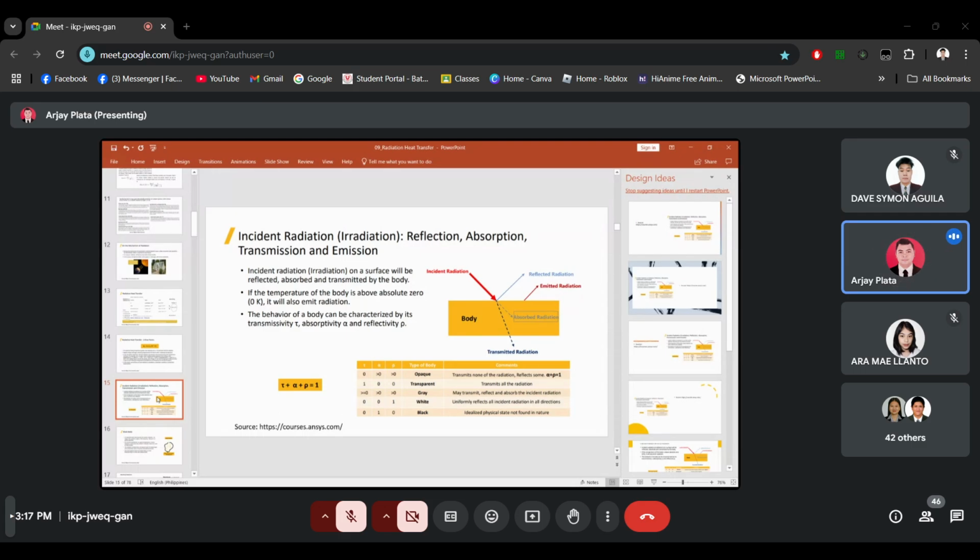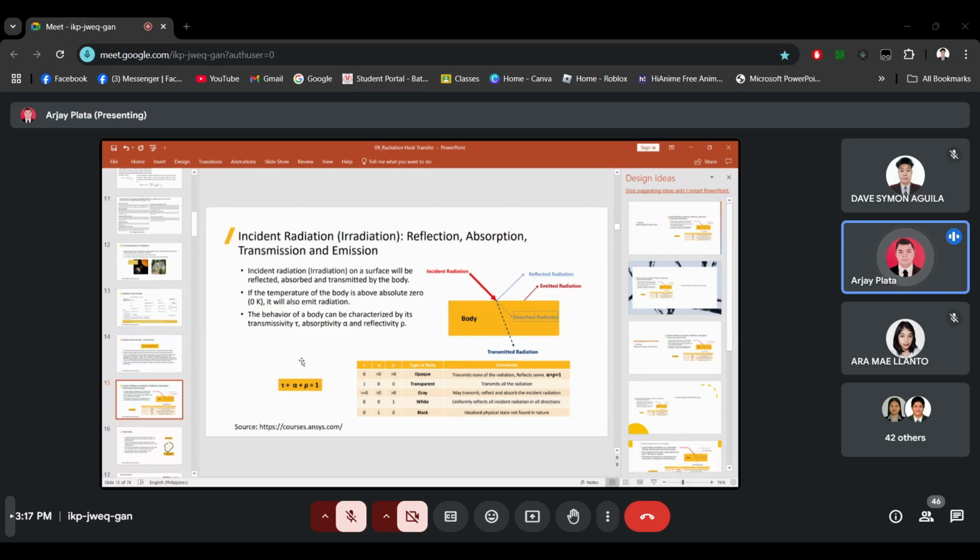As you can see here, we have a table of the types of body. If the body is opaque, it will not transmit, so it transmits none of the radiation, and it reflects some. So we have here alpha plus rho equals 1.